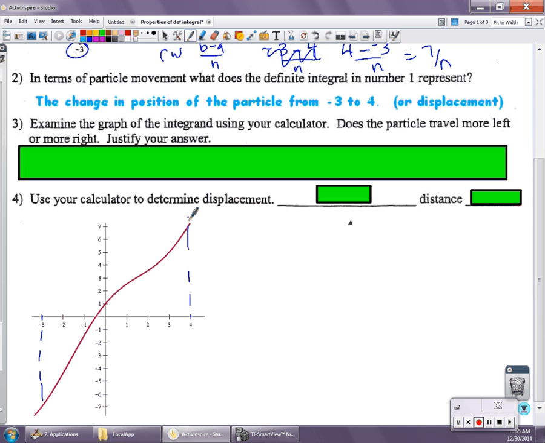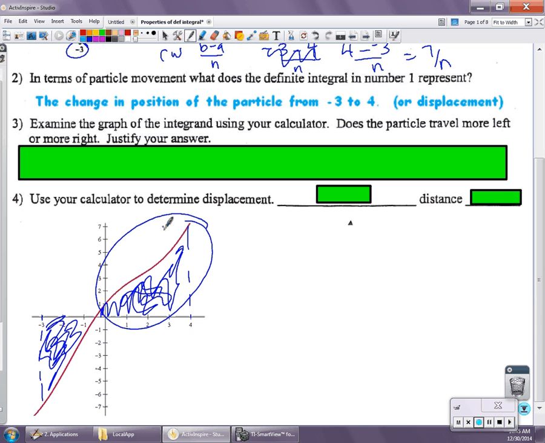So basically we're comparing this area, because in this region the particle would be traveling to the left. Again, this is assuming we have a velocity function. In this region the particle is traveling to the right, and from my visual inspection it looks to me like the area in the positive region is greater than the area in the negative region.